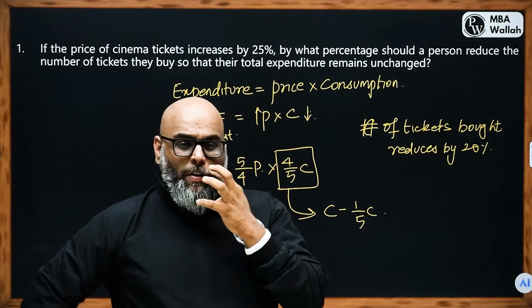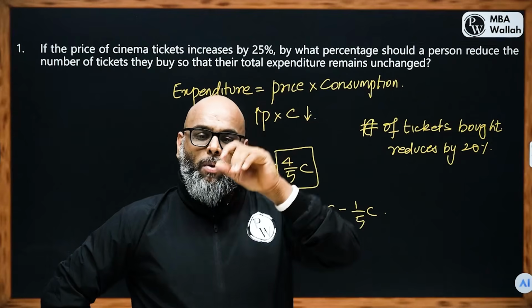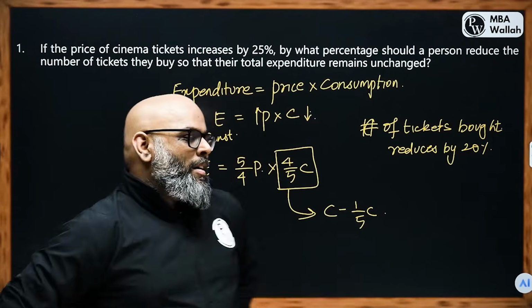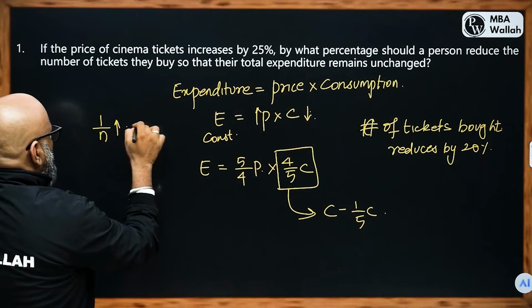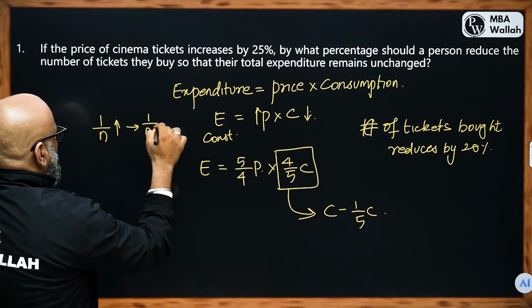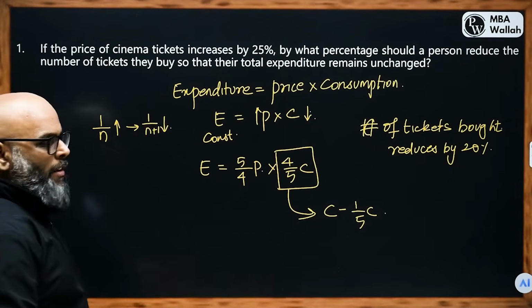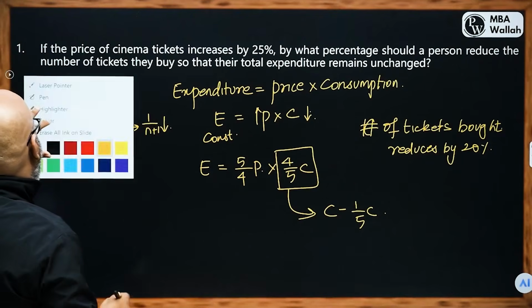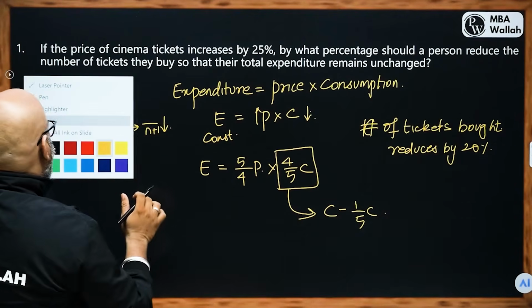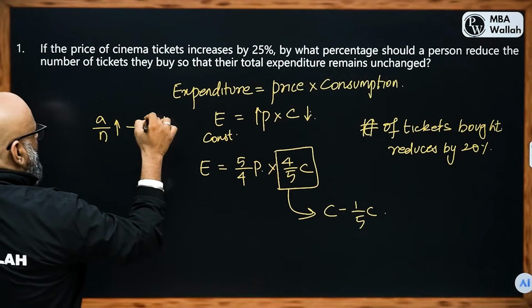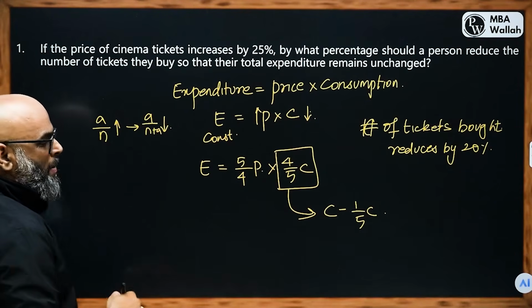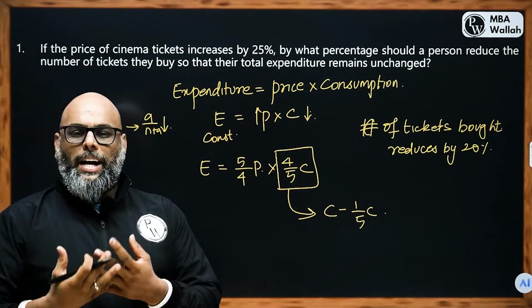Now you can beautifully use the idea 1 by n plus 1. What is it? Whenever there is a 1 by n increase, there will always be a 1 by n plus 1 decrease. The general formula, we say whenever there is an a by n increase, there is always an a by n plus a decrease. What is the idea behind it?